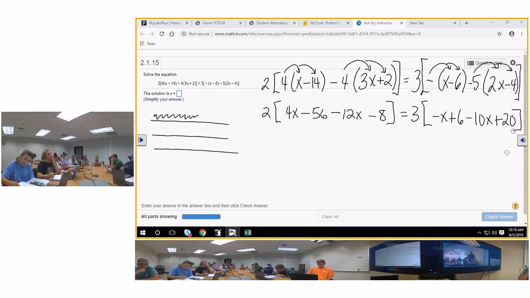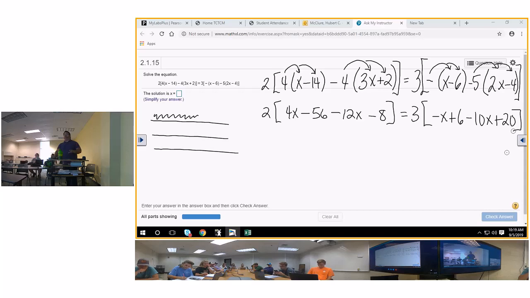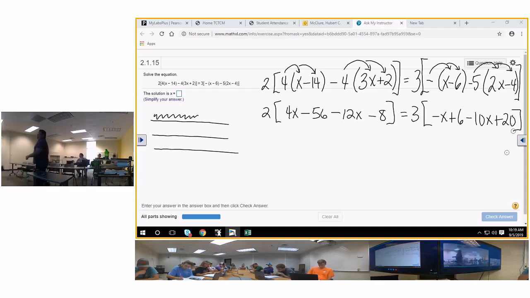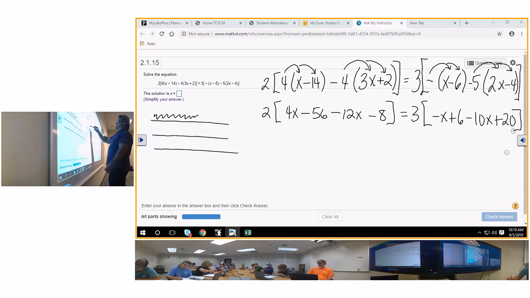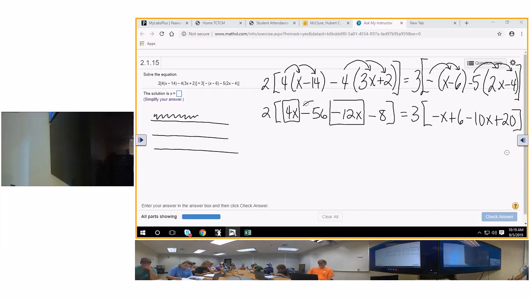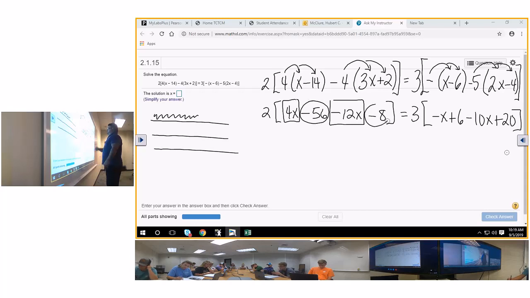All right, now, what is the next step before you distribute again? Oh, I know. Combine like terms. Simplify by combining what? Like terms. So we go through, and I'm going to put a square around this x, and a square around this, a circle around this, and a circle around this.